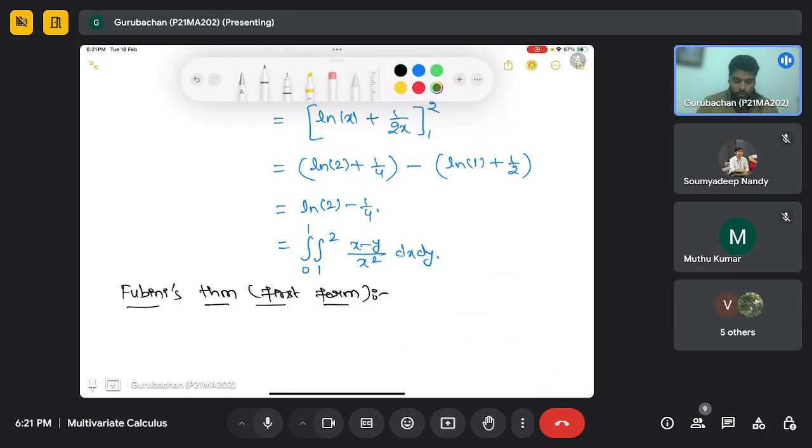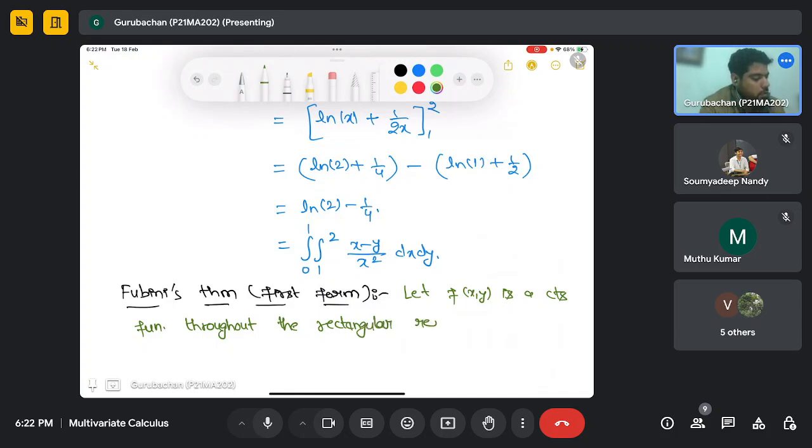This theorem says, let f(x, y) be a continuous function throughout the rectangular region R, which is defined as a less than or equal to x less than or equal to b and c less than or equal to y less than or equal to d.